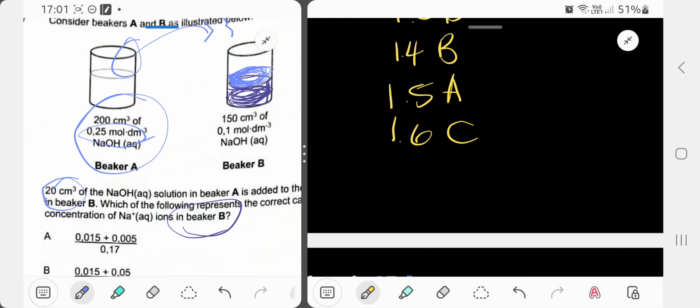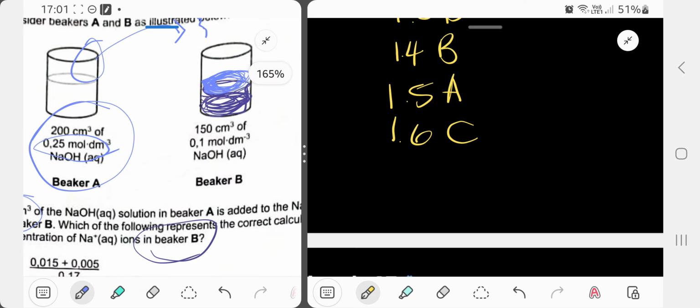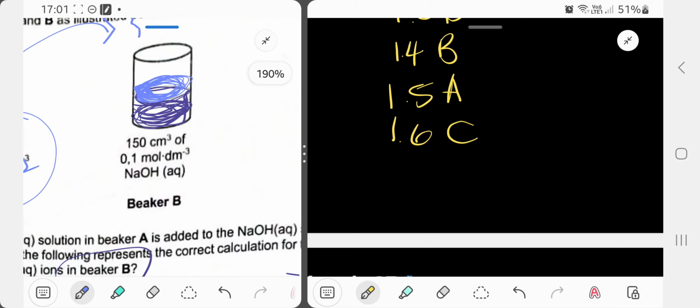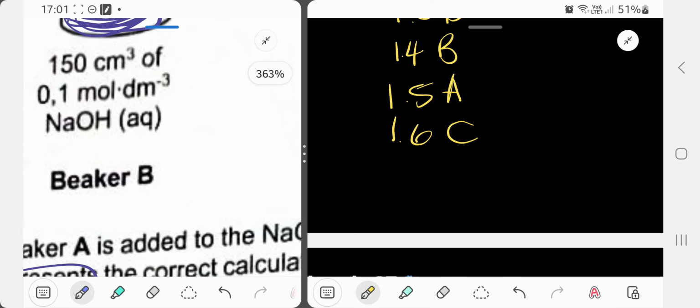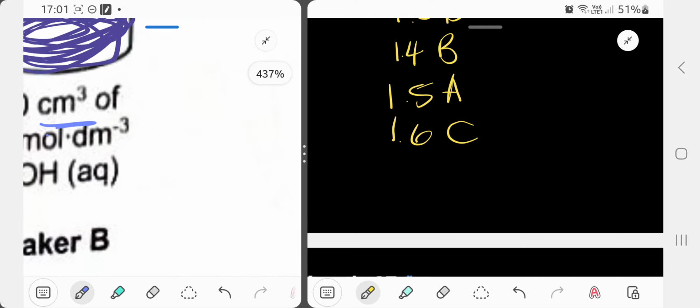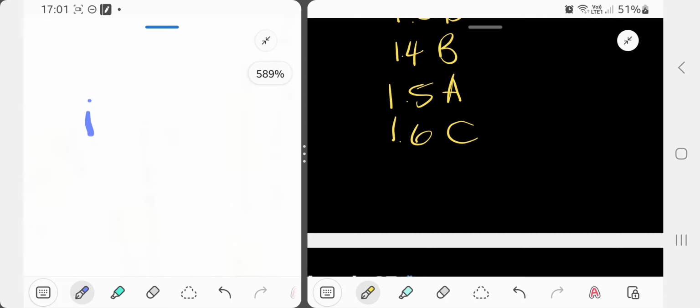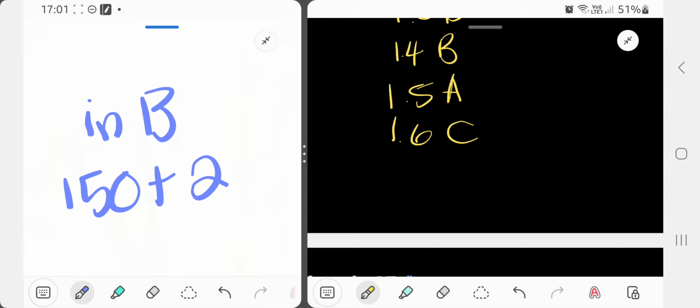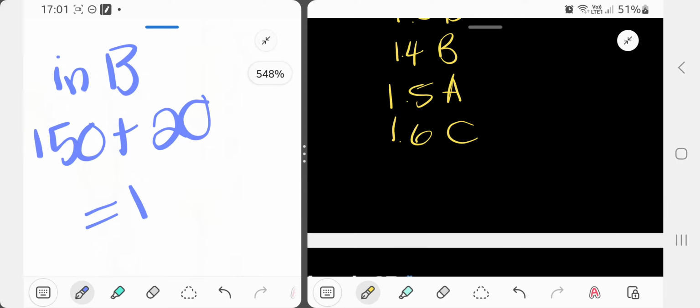So let's understand something, guys. We need to understand that we are adding something onto another something. So here we already had 150 centimeter cubed, and now we add 20. So our total in beaker B, we already had 150, but now we are adding 20 centimeter cubic, which gives us 170.